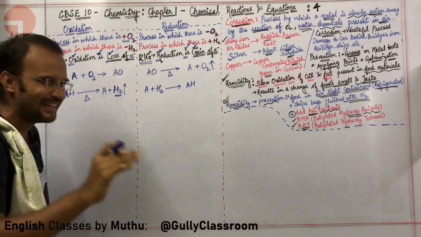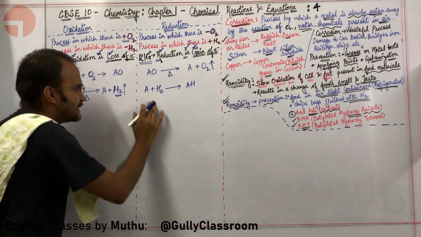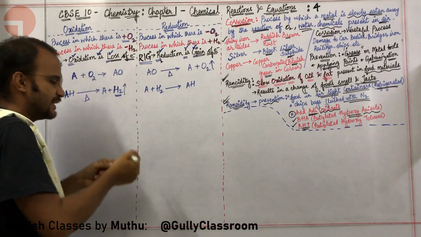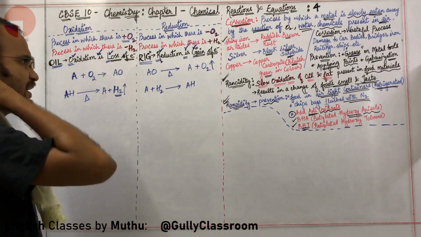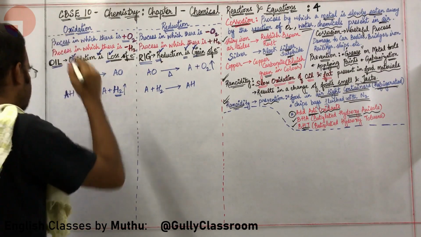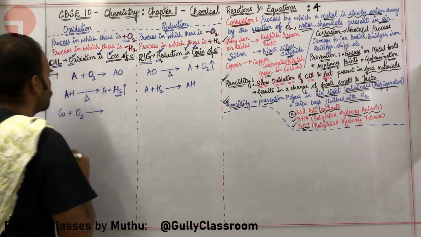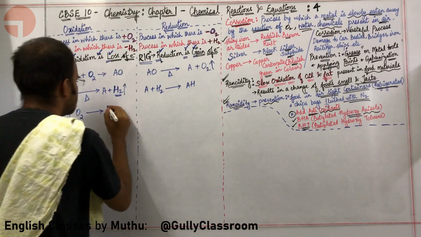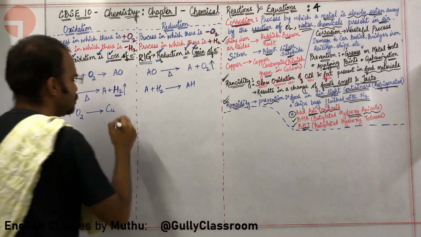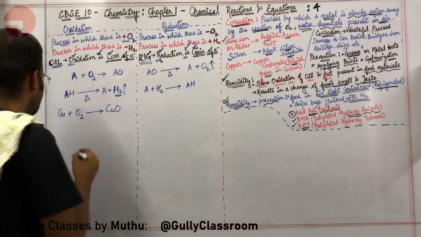Sorry for the interruption. Anyway, now I want to go for some examples of oxidation and reduction. Okay, sir. Let us look at some examples. The first example is copper plus oxygen. What are you going to get? You are going to get CuO.